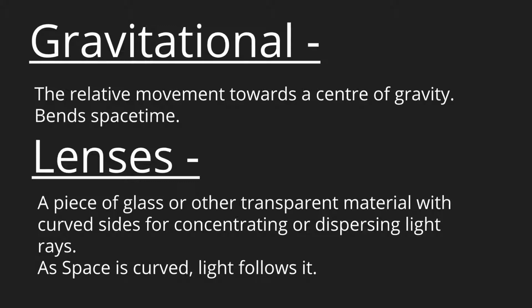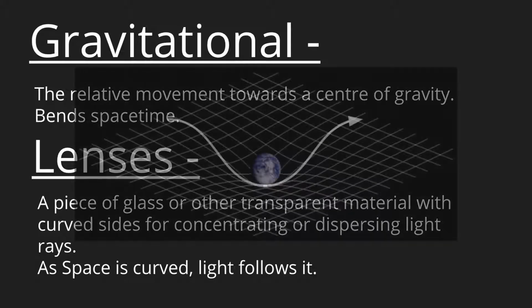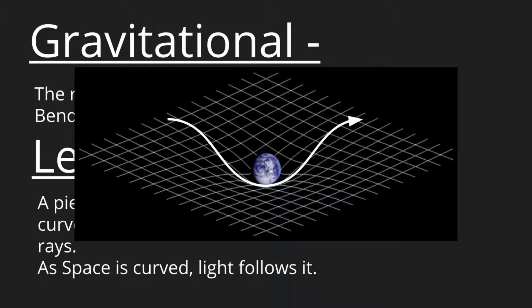So, if a curved glass can make a lens by bending light, why can't a curved piece of space do the same thing? This diagram shows a very simple representation of this. As you can see, the arrow bends down as the mass of Earth creates a little distortion in space-time.